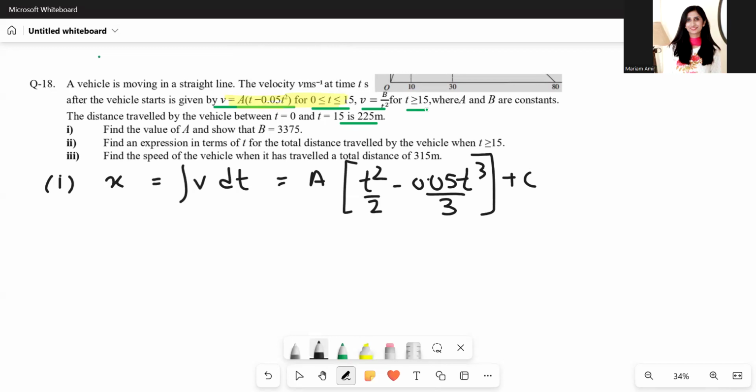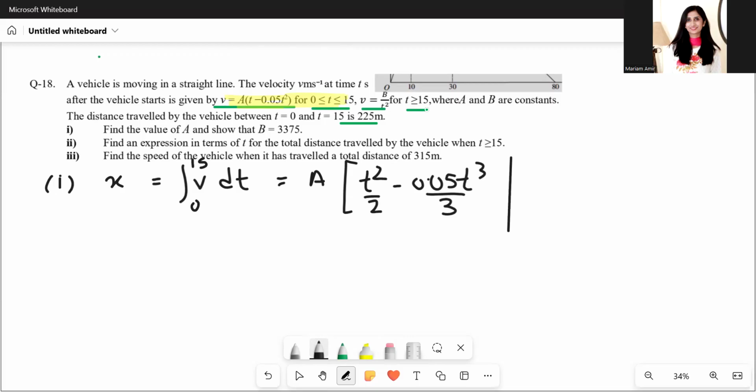Okay. Now, the time is from 0 to 15, so we can just change it into a definite integral and get rid of this plus c, 0 to 15. So let's substitute the values from 0 to 15 here and equate the answer to 225.